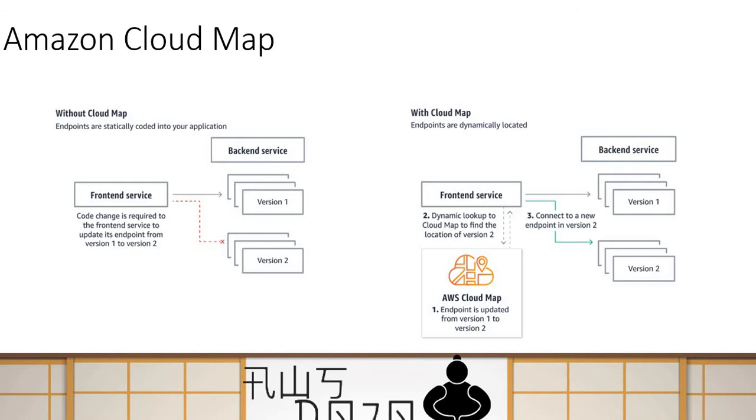Again, it becomes very powerful because Cloud Map can track your VPC-based resources like your EC2 instances and load balancers, and can also perform health checks to ensure that if the service is not available, it routes to a healthy service. So Cloud Map can automatically update your service location based on the health checks and other parameters. You don't need to worry about those things.